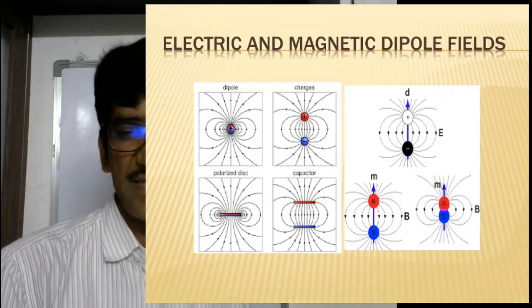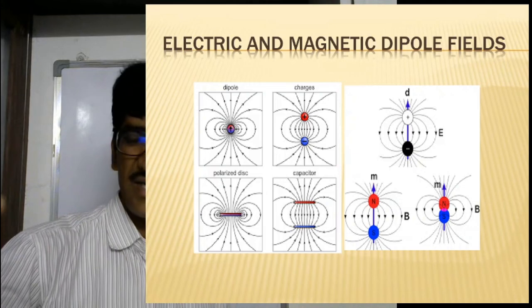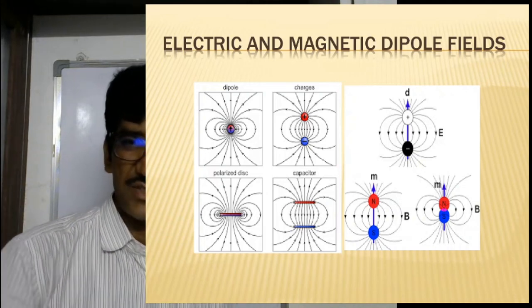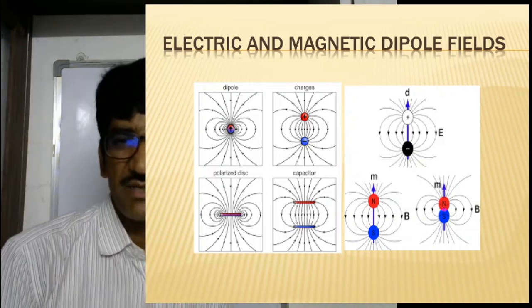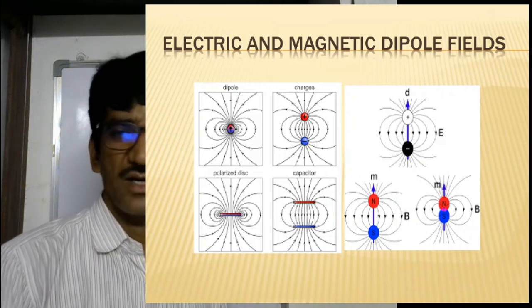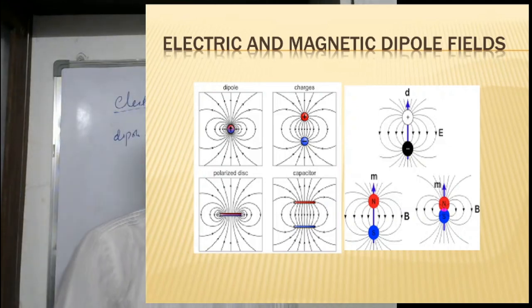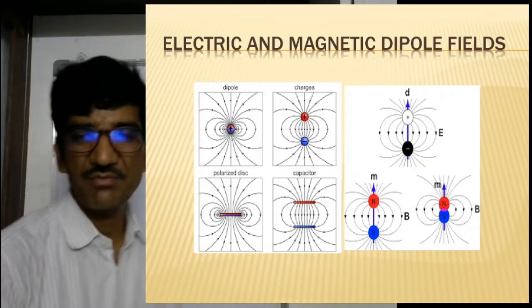In the second part of the slide, you also have two poles separated far away, like the two charges. But here, in the last diagram, the north and south poles are very near to each other, and then that becomes the magnetic dipole.